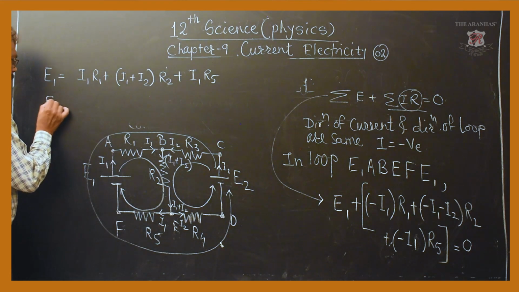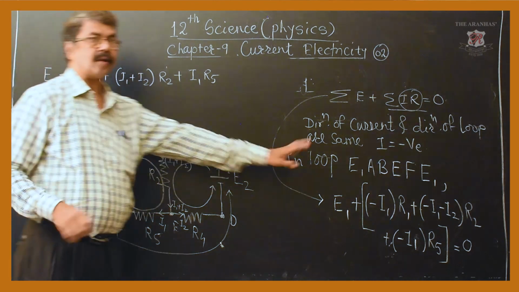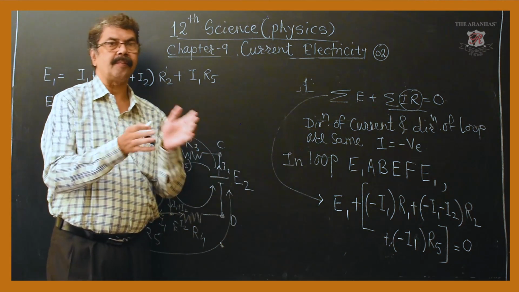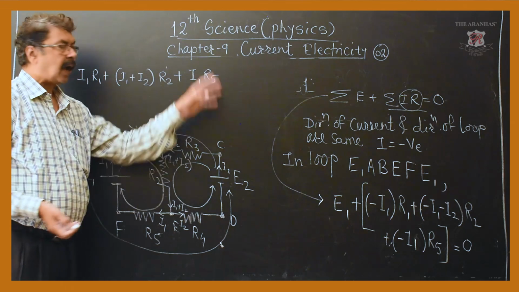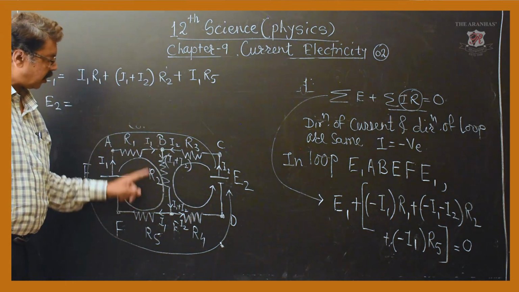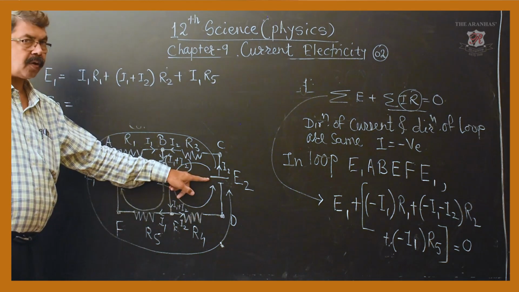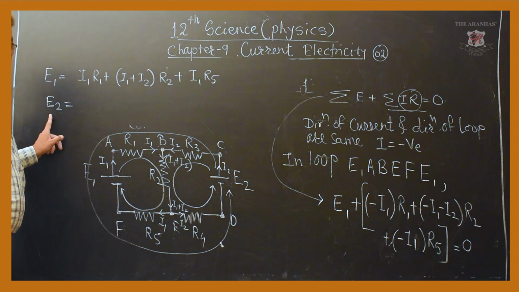E2 equals, check, I am not using that first method now. It will be too descriptive, too time consuming. Apply the same logic. Now which is the loop? E2 C B E D back to E2. Starting from the positive terminal, E2 will be positive.